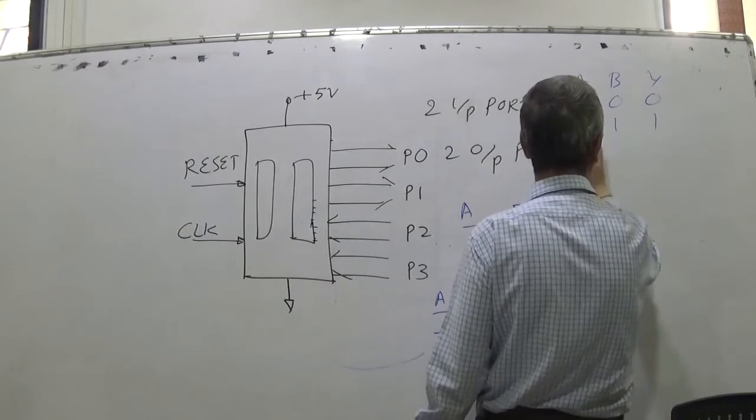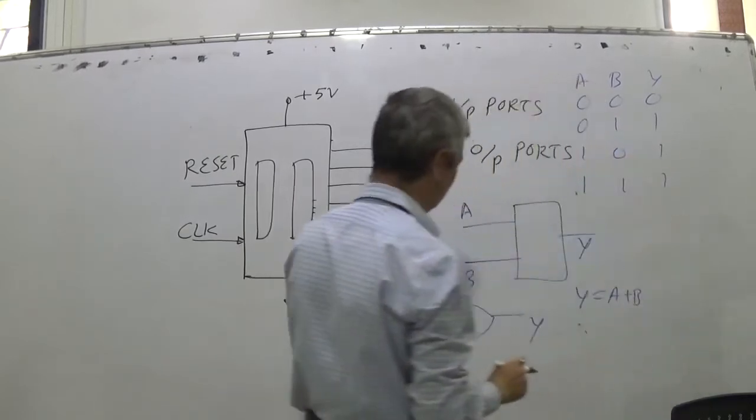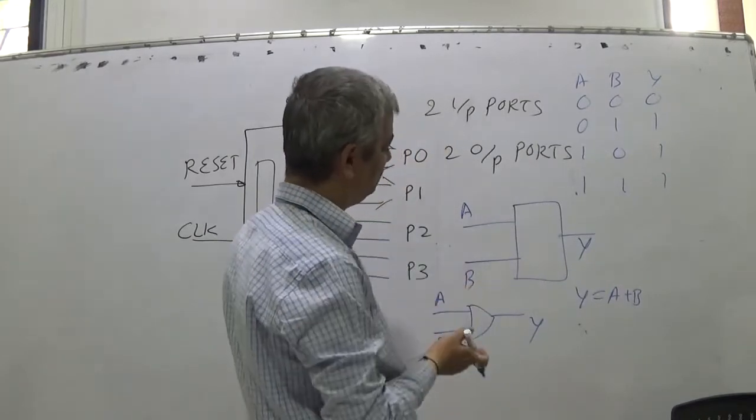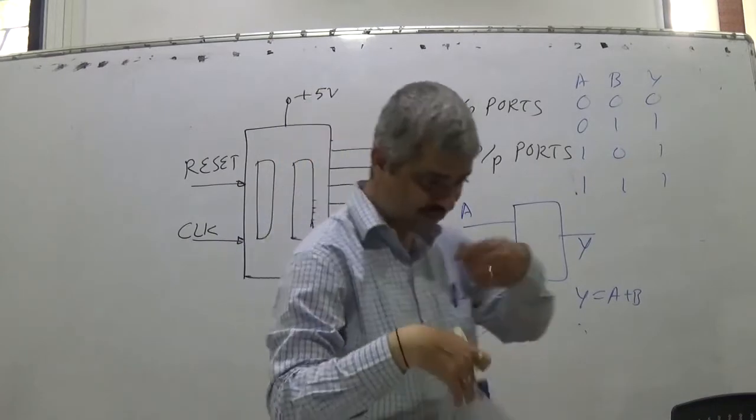A0, B1, Y1. A1, B0, Y1. A1, B1, Y1. So an actual gate was there. If you want to change this gate to an AND gate, you have to change the actual chip.